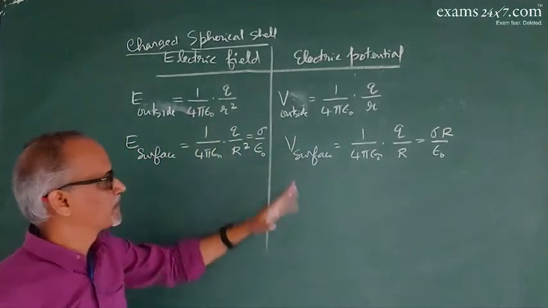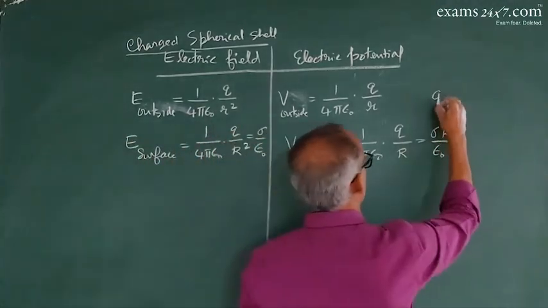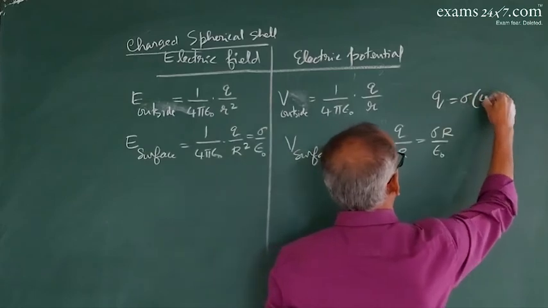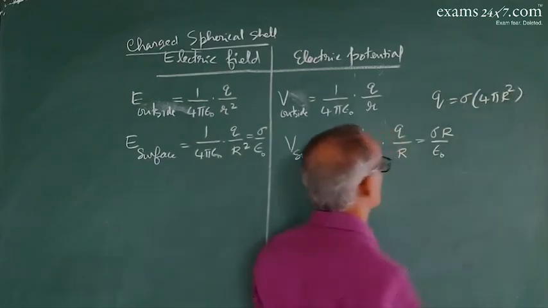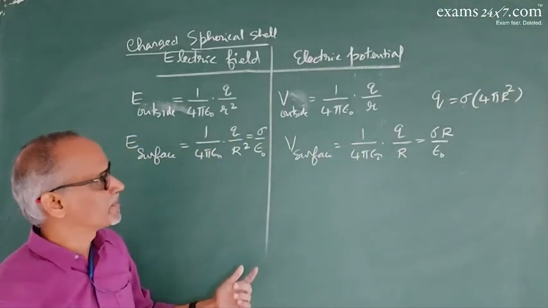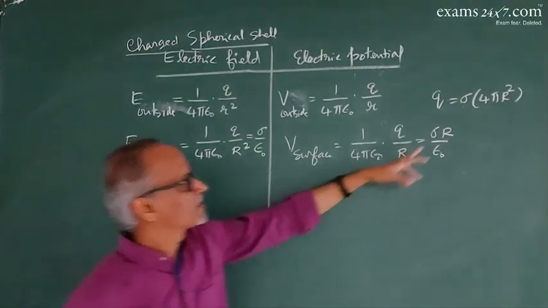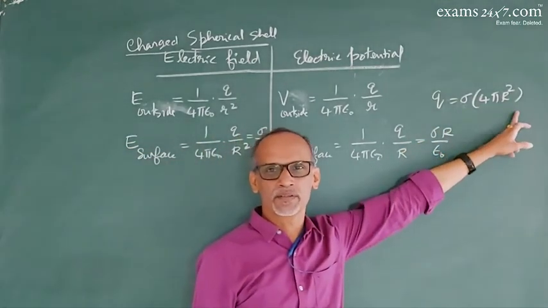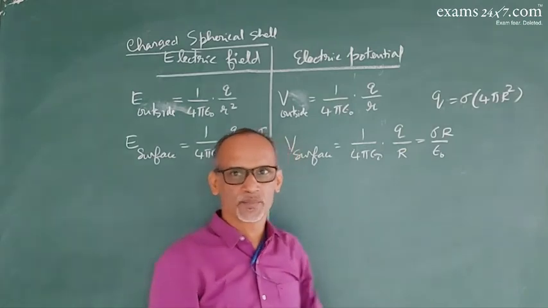In all these formulas, we can always replace Q as sigma into 4 pi R square. Sigma is the surface density of charge, R is the radius of the sphere, and Q is the charge distributed uniformly over the surface.